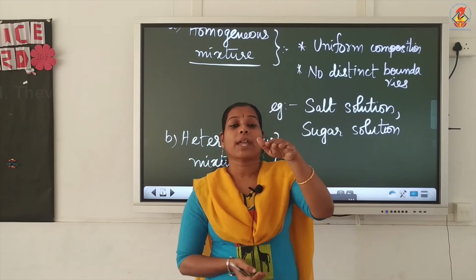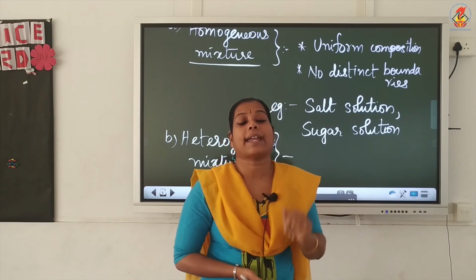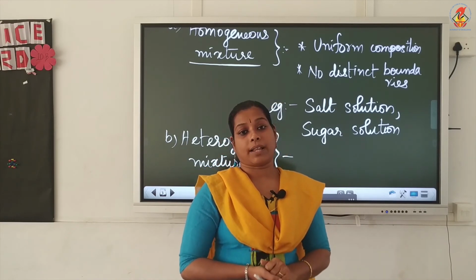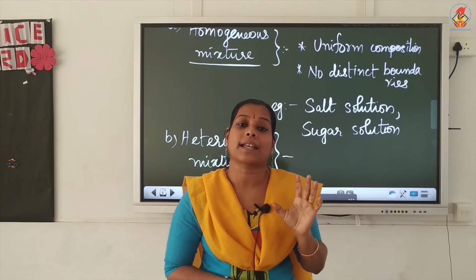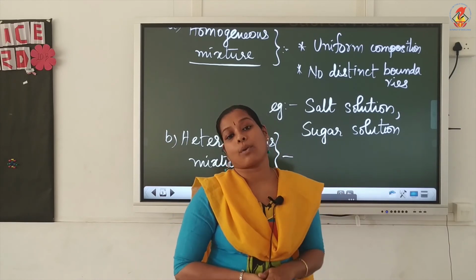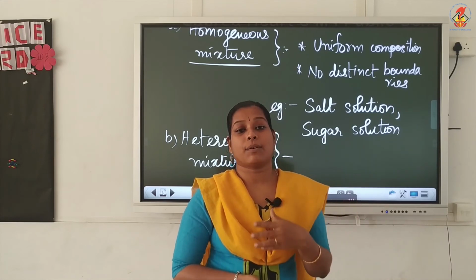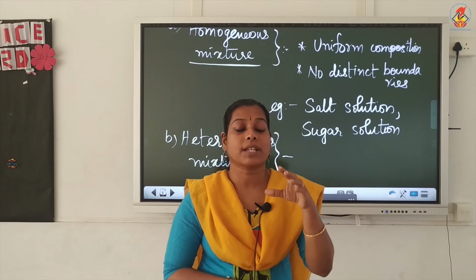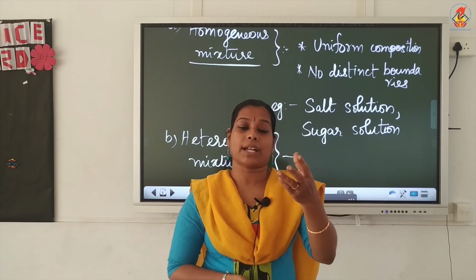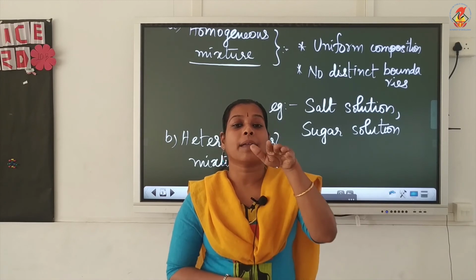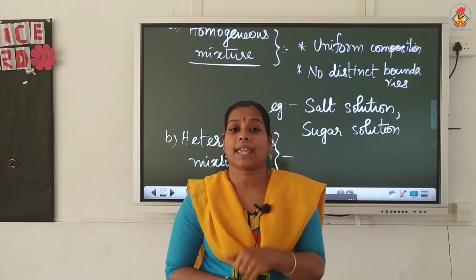That means you can identify the soil layer and the water layer. Two distinct layers, or distinct boundaries, are there for the different components. There is no uniform distribution, because once you mix it, it will be distributed, but after some time the soil settles down and we can see water above it.